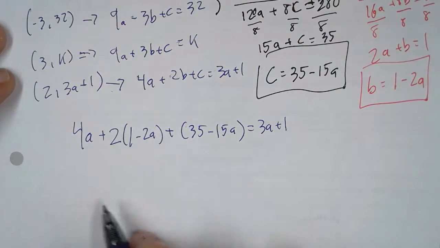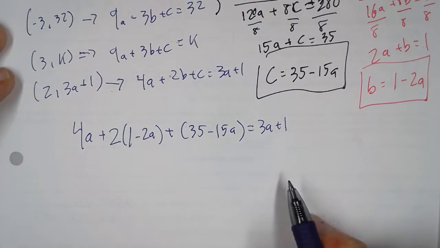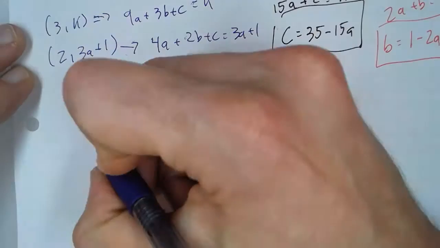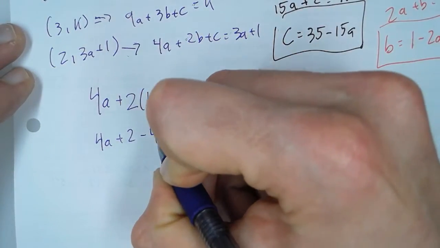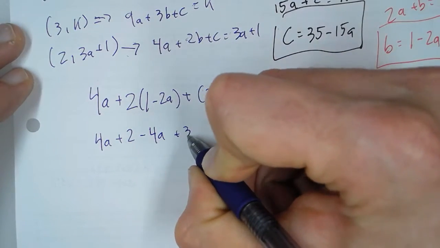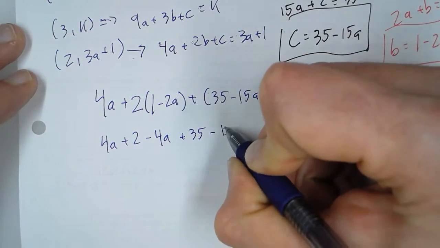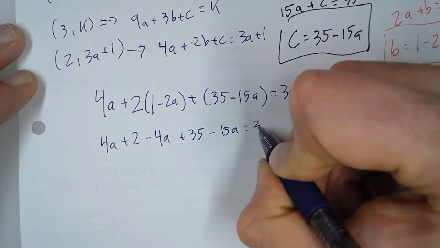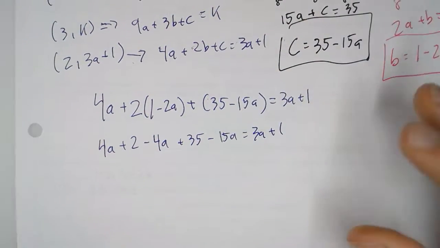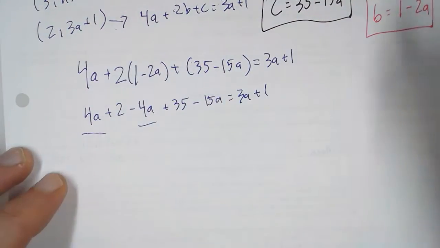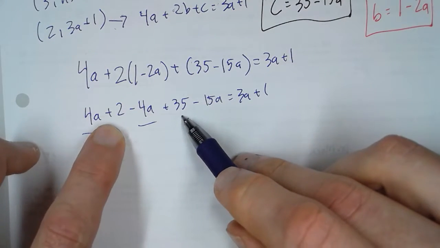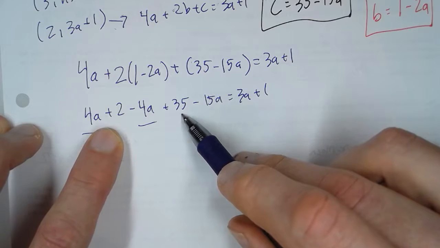Now I have one equation with one variable, so we can solve this. 4a plus 2 times (1 minus 2a) plus 35 minus 15a equals 3a plus 1. The 4a and the minus 4a cancel. Plus 2 plus 35 makes 37.